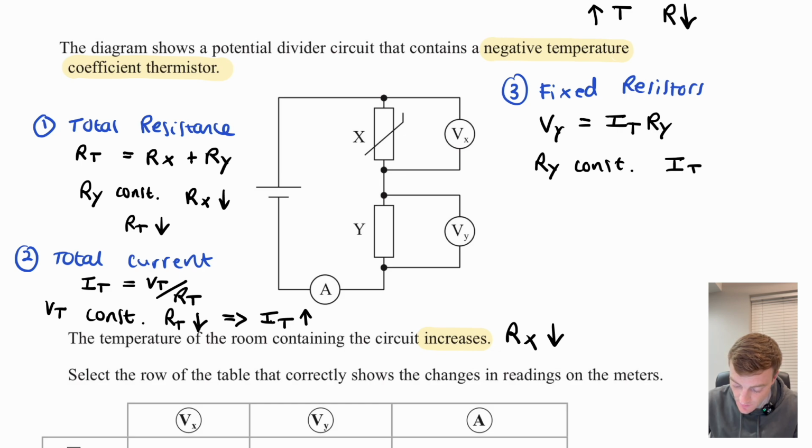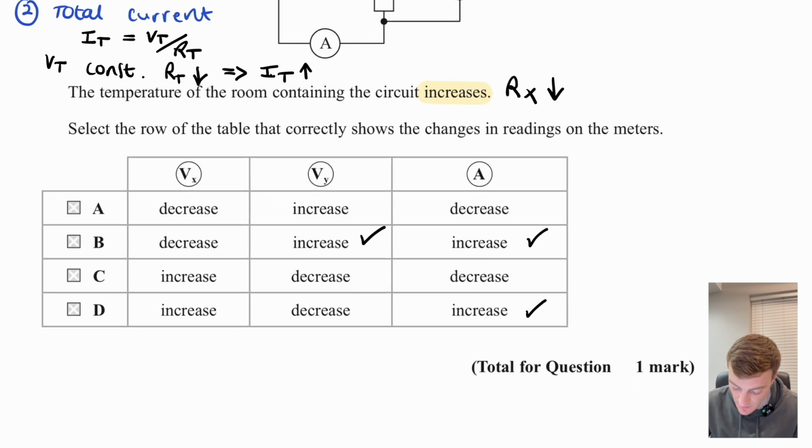IT, we just found out, increases. So this stays the same. IT increases, so VY must also increase. So VY increases. Now let's look at our table. We know that VY increases. So we know the answer is going to be B.